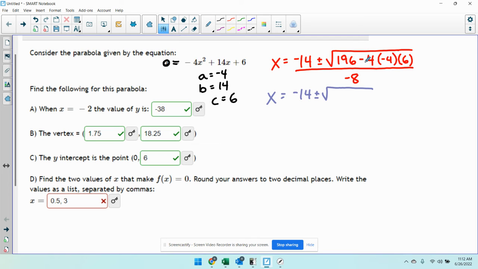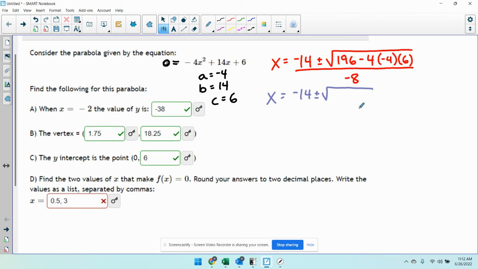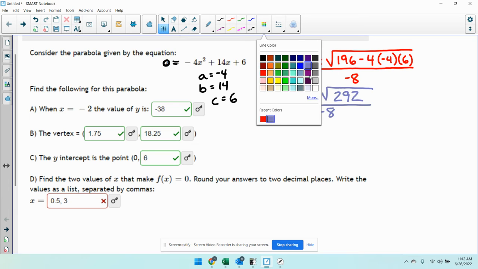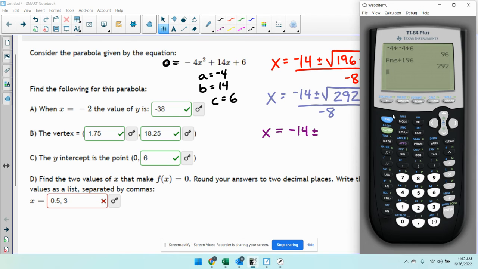So this is 196 plus 96. So I have the square root of 292 over negative 8.